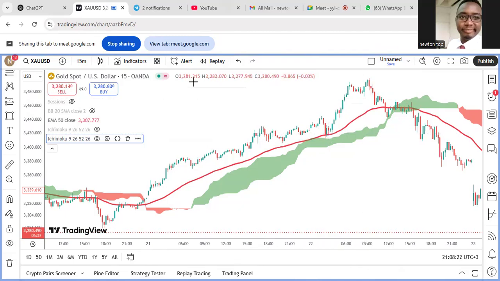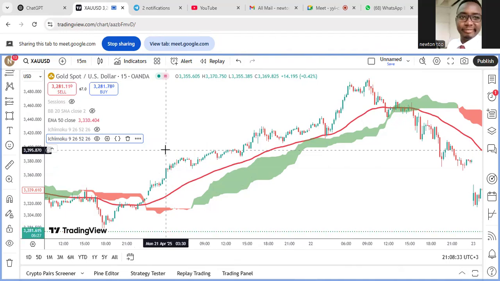So when the market broke above the cloud here, you are waiting for the market to bounce. So the first confirmation is the price above the cloud. The second confirmation for entries is when the market bounces off the 50 EMA.